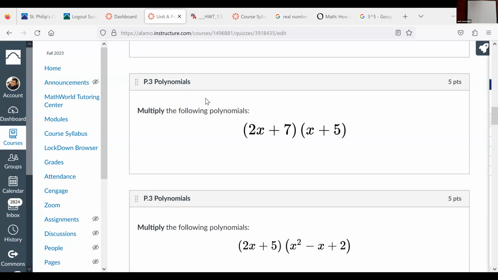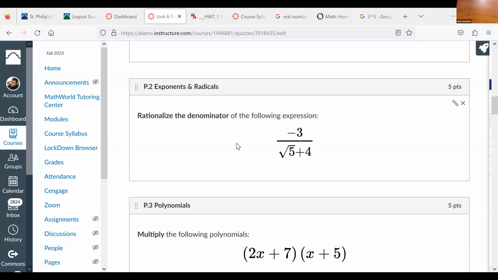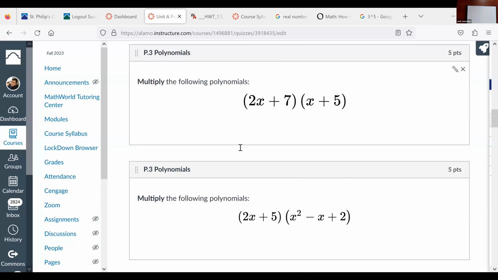Are you comfortable? Anyone have questions on this multiplication here for number 6 and 7? These two.